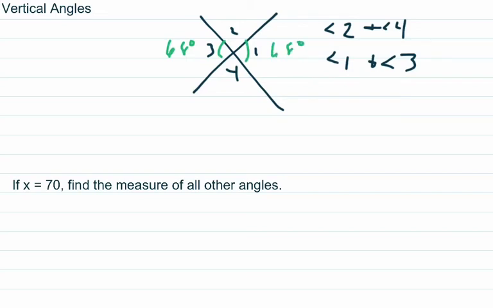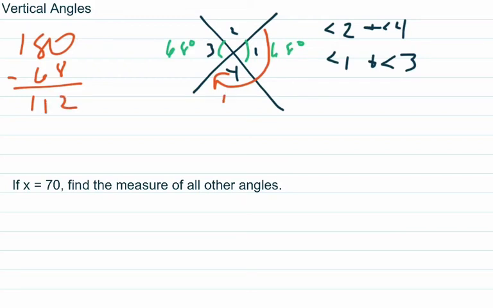And if we stay true to our complementary and supplementary, and we know that all the way from here to the other side forms 180 degrees, I would just need to say 180 minus 68, which is going to give me my other angle, 112. So angle 4 is 112, which matches up to angle 2, which we know is a vertical angle, so it also has to be 112.